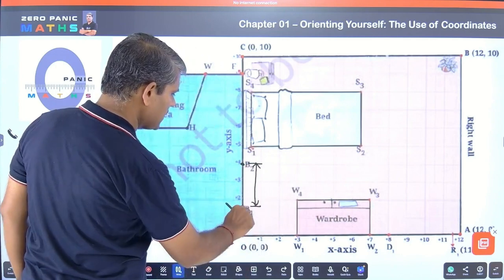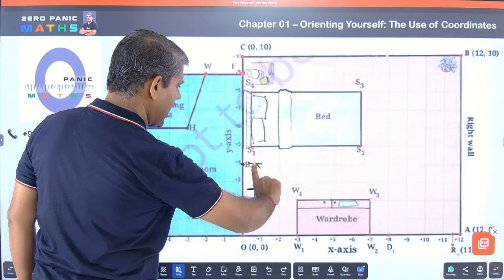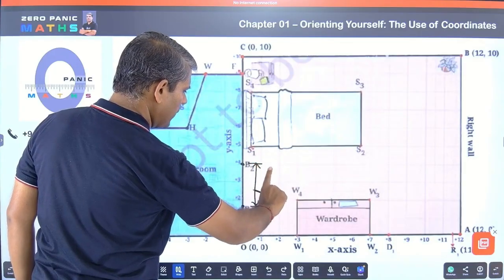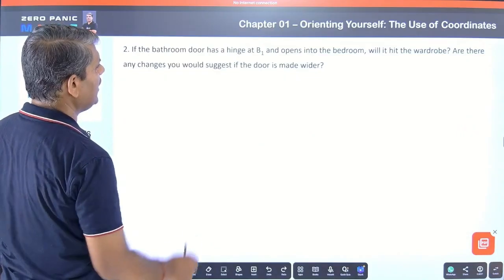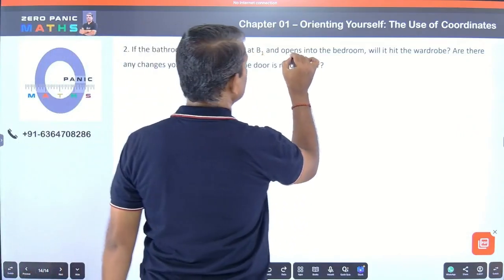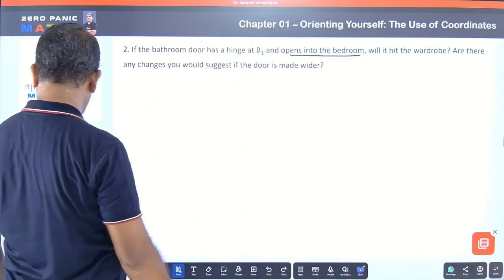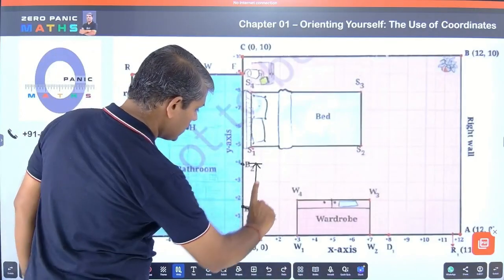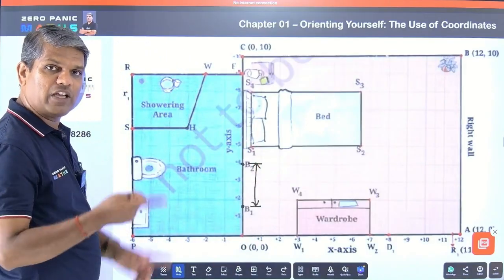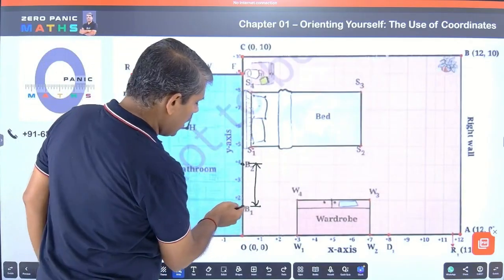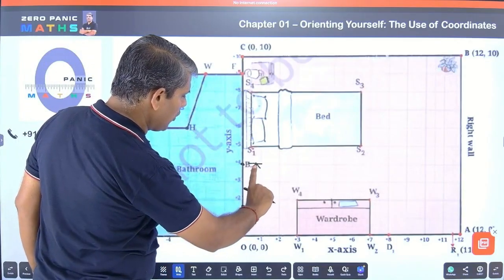They are saying there is a hinge at point B1, and if I open the door on the room side, they are saying B1 opens into the bedroom. Assume this door is of 2.5 feet. We have already found the value of B1 to B2, that is 2.5.